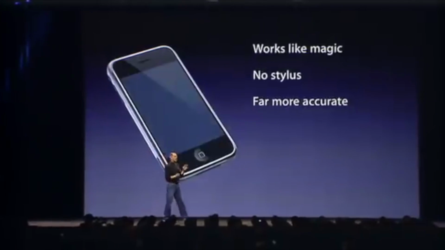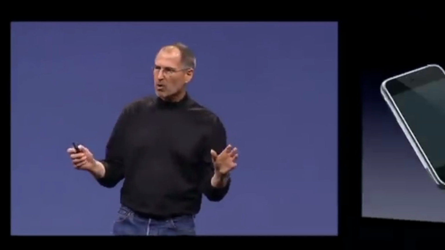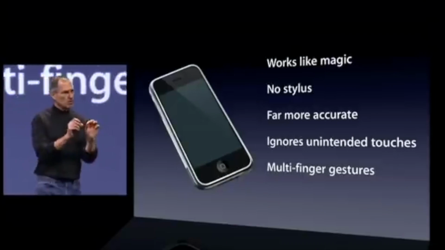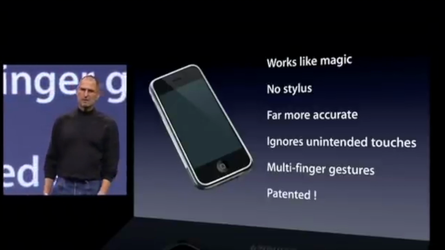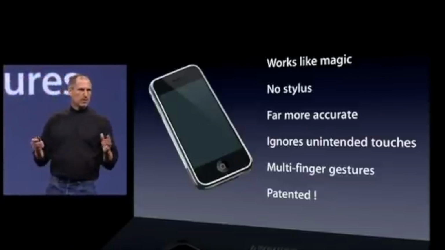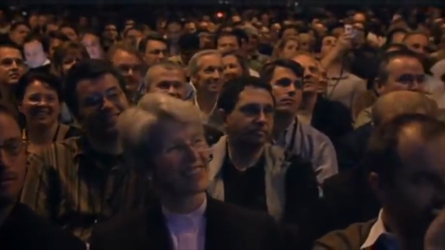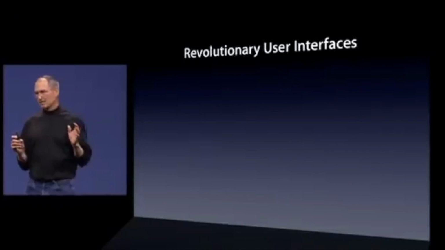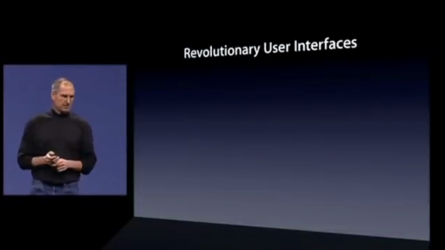You don't need a stylus. It's far more accurate than any touch display that's ever been shipped. It ignores unintended touches. It's super smart. You can do multi-finger gestures on it. And boy, have we patented it. So, we've been very lucky to have brought a few revolutionary user interfaces to the market in our time.